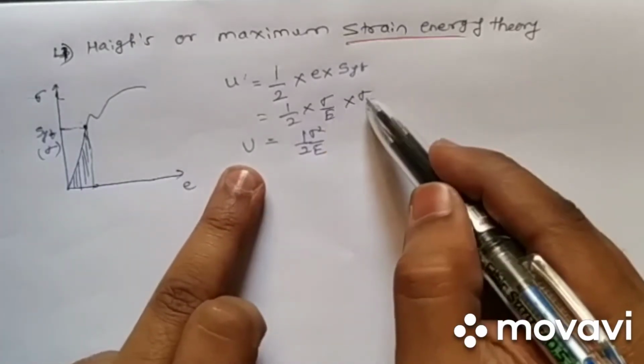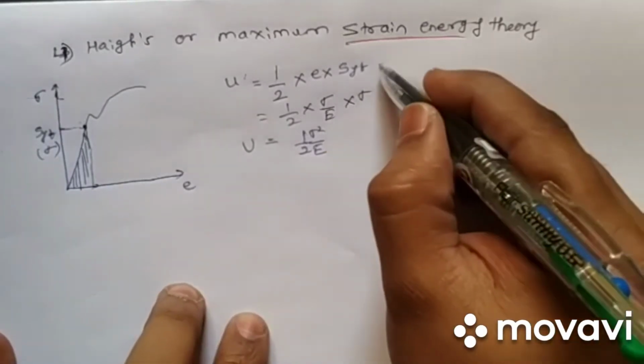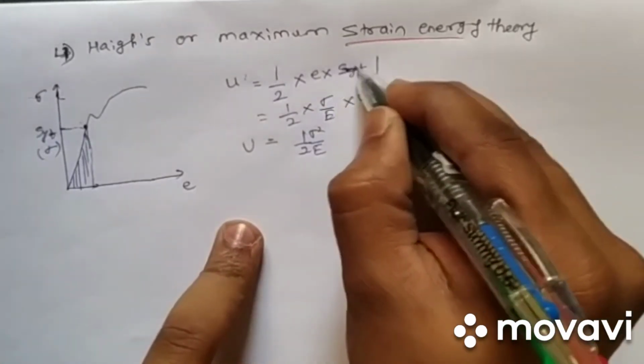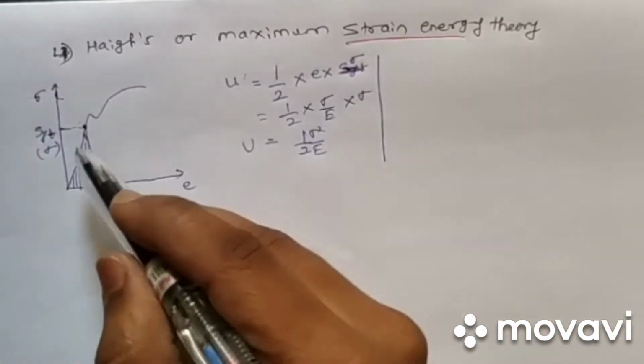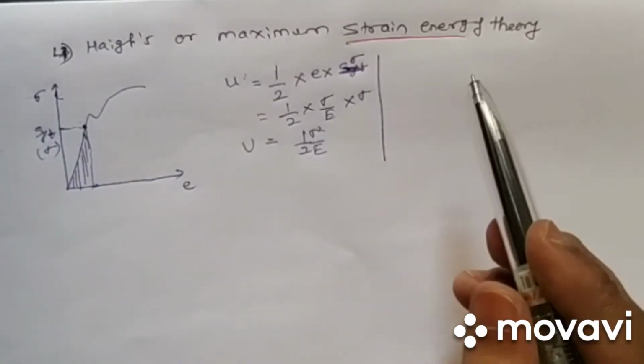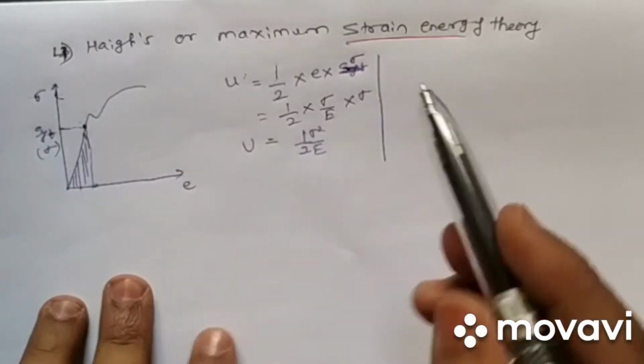We are considering this sigma at any point. Now we are considering the maximum strain energy stored up to the yield point.